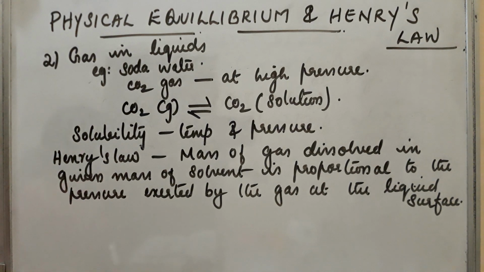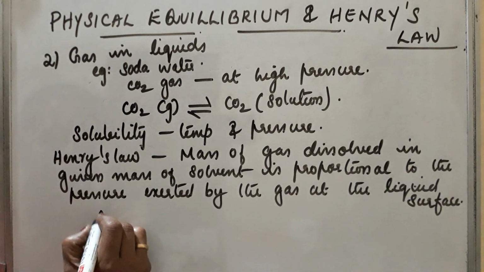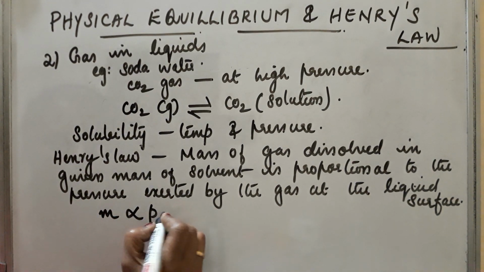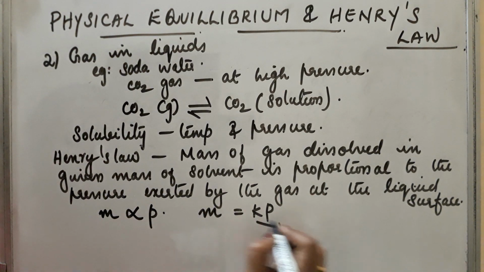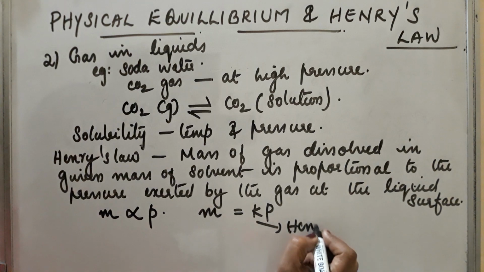This mass of the gas dissolved in the given mass of the solvent at a particular temperature is proportional to the pressure exerted by the gas at the surface of the liquid. The equation will be M is proportional to P, or M equals KP, where K is Henry's constant.